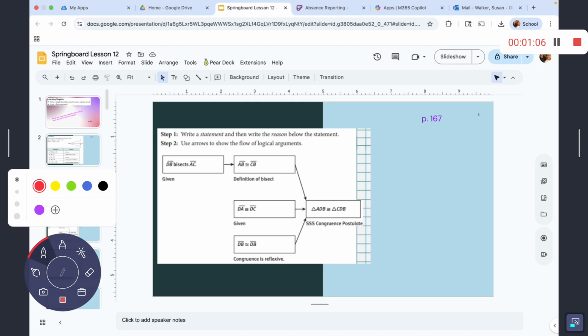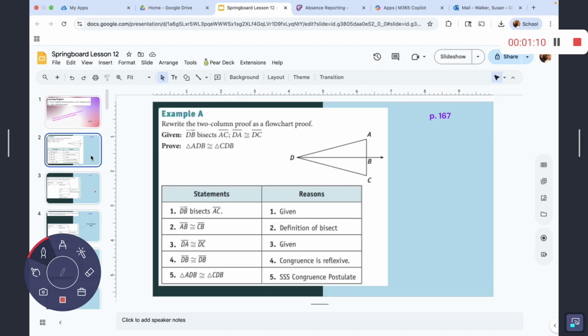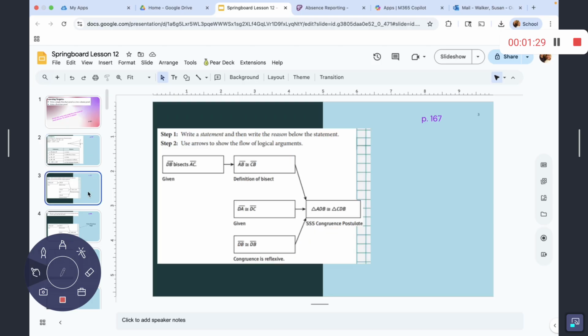So, for instance, here, we're trying to get our proof that these are congruent. So in my brain, I'm thinking ASA, SAS, SSS, AAS, any of those. So it's going to connect this to the flowchart, even though normally we would use the flowchart to get to the two-column proof.